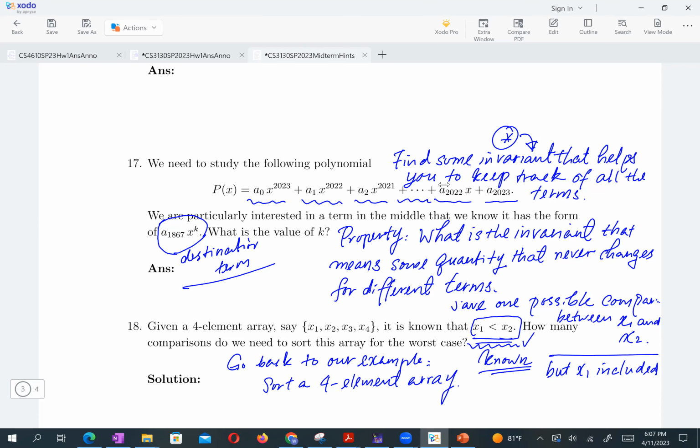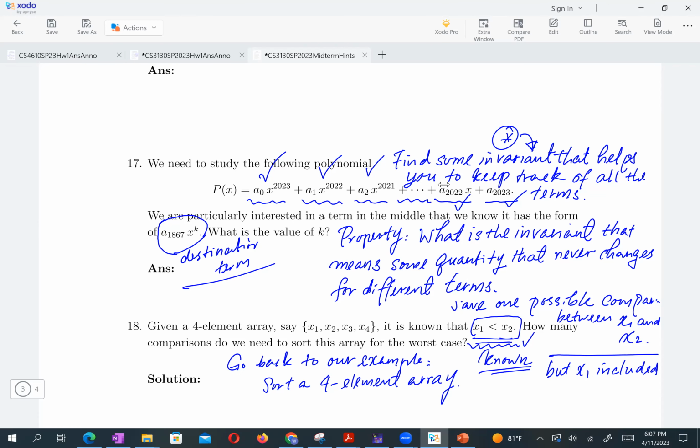You need to find it using the observed rule. Using the given information, can you figure out a common rule? That's the insight. If you can discover it, then you can solve it easily. Okay, that's this question.